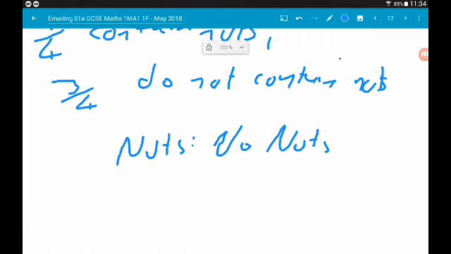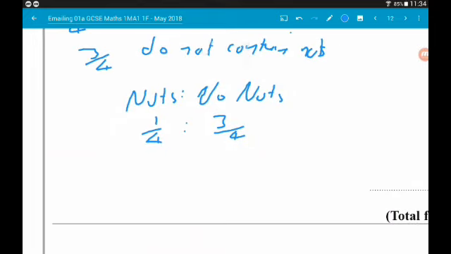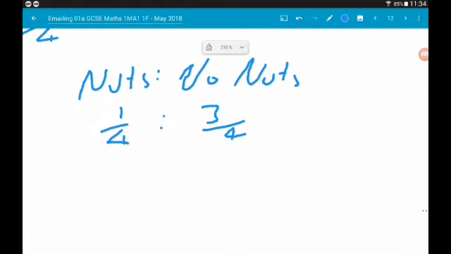It's 1/4 to 3/4. Now that is the ratio, but it's not in the form that they want it. They want 1 to n. Now fortunately, both sides of this ratio have a 4 on the bottom of the fraction. So what we're going to do is multiply both parts of the ratio by 4, and we get 1 to 3.